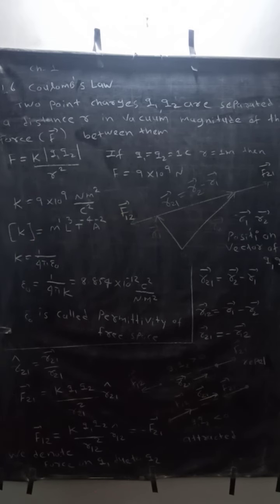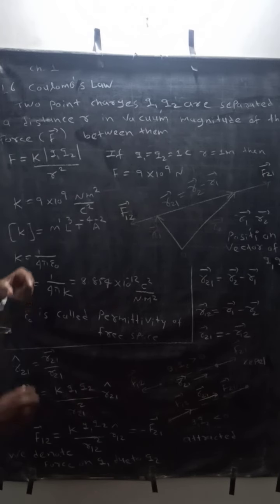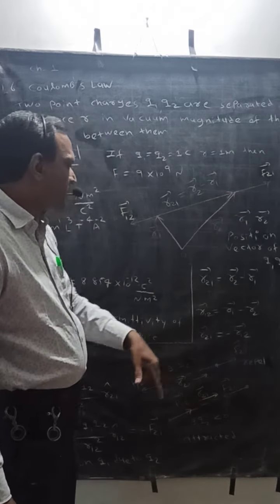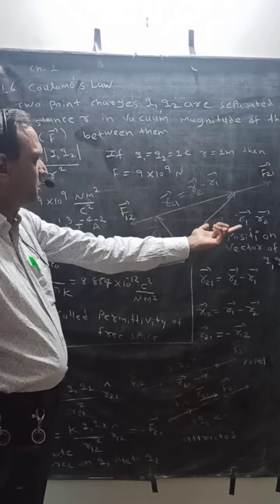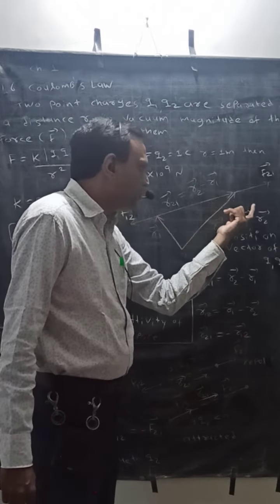So what is the direction of force? That is important. It depends on the sign of the charge. Suppose here are charge Q1 and charge Q2, with origin, the position vector of Q1 is R1 and the position vector of Q2 is R2.